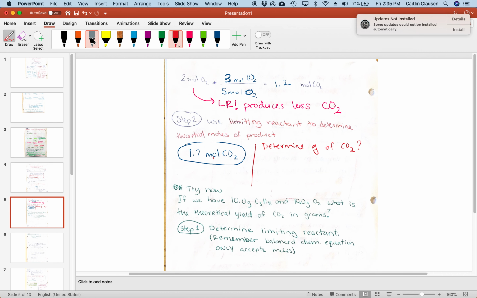Well, we'd have to take our moles of product and convert it into grams. And what relates moles to grams is always going to be the molar mass. So I'm going to have 1 mole of CO2 on the bottom, and then I need to calculate the molar mass of carbon using the periodic table.